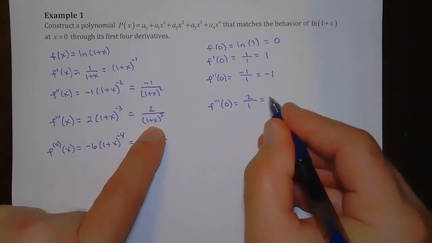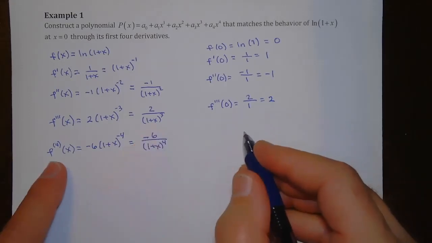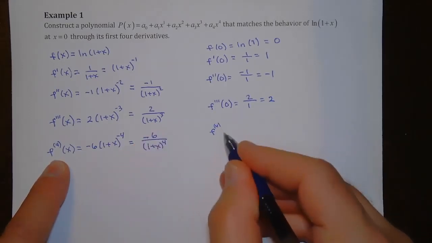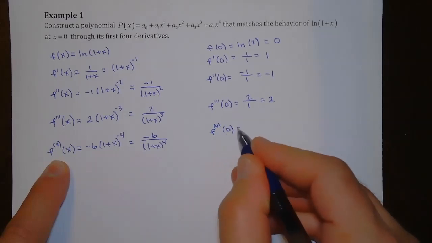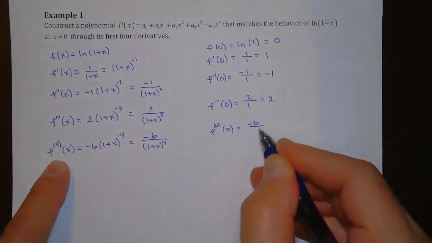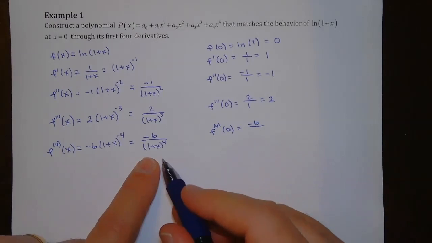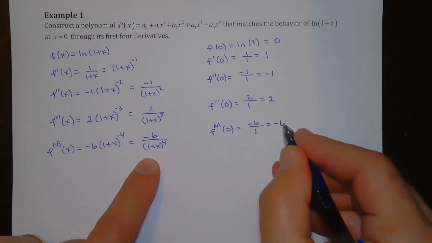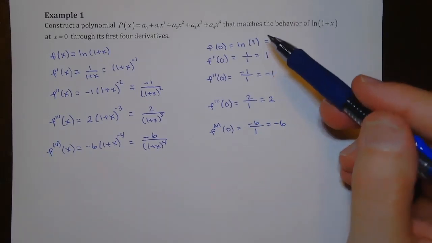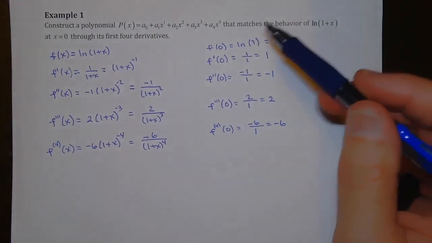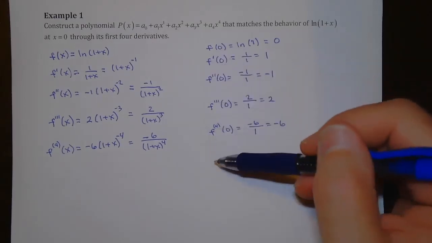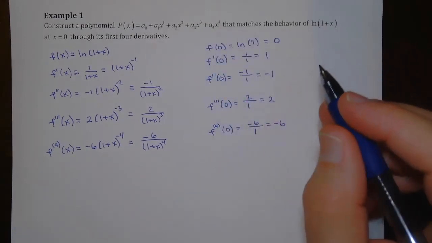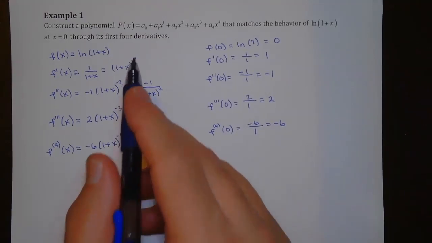So this becomes 2. And then the fourth derivative at 0 is -6 over 1 plus 0, which is 1 to the 4th. So that'd be 1. So this becomes -6. So we're using the function to find the derivatives, because these are the derivatives that I want for this polynomial.